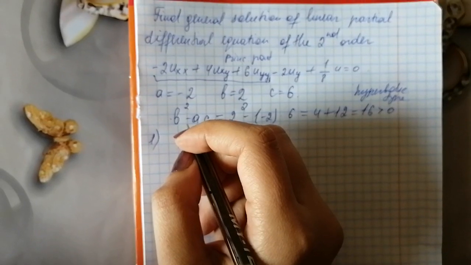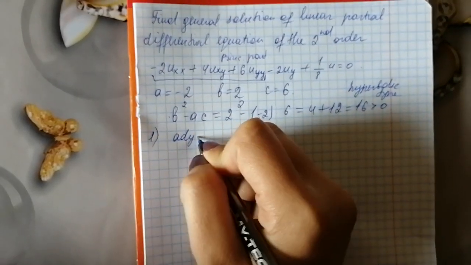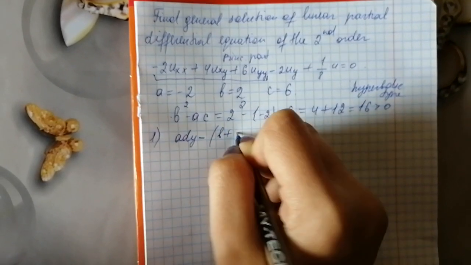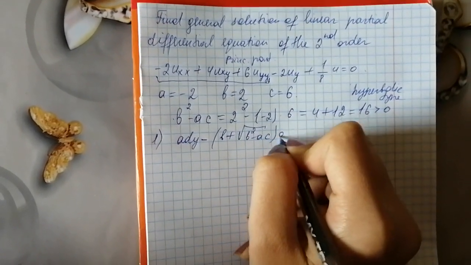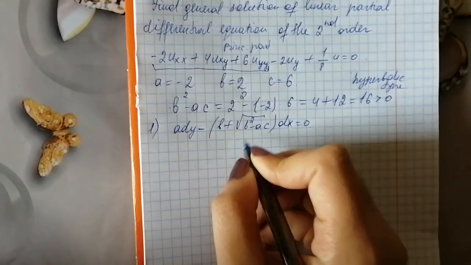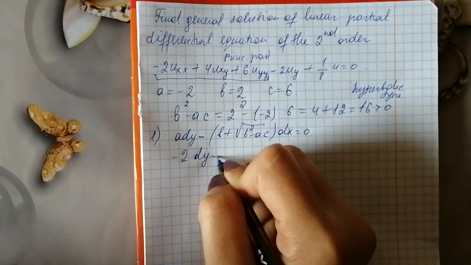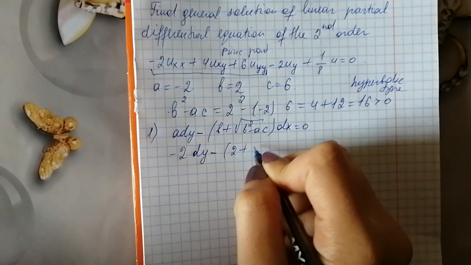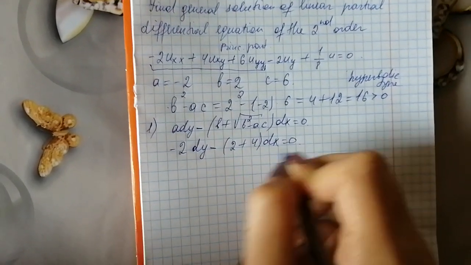And we have formulas: a dy minus b plus square root of b squared minus ac dx is equal to 0. Then negative 2 dy minus 2 plus square root of 16, which will be 4, dx is equal to 0.